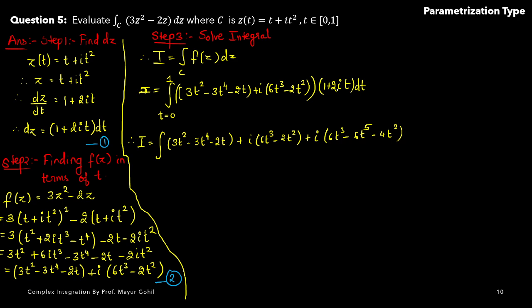Now this 2it getting multiplied, i becomes i square, and that gives you a minus sign, and then there is 2t getting multiplied inside, so it is going to give you 2 into 2t into 6t cube, so 2 into 6 is 12t raised to 4.